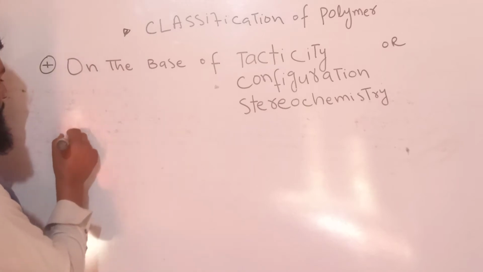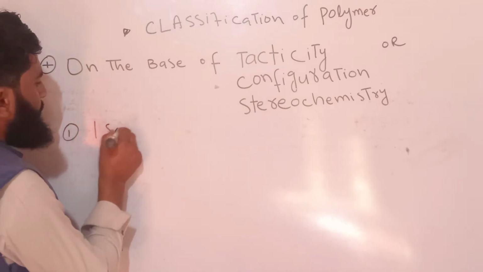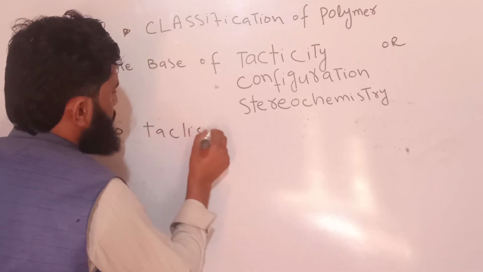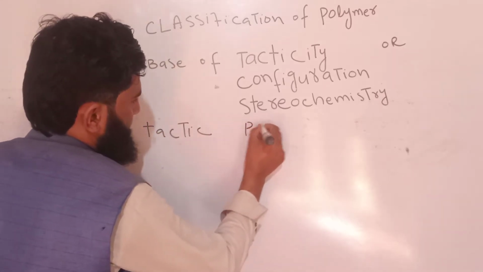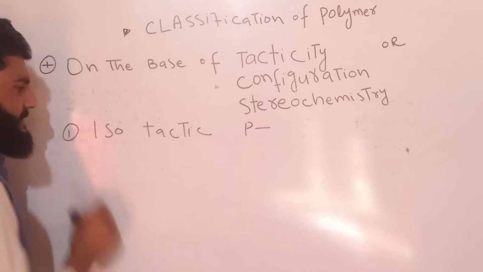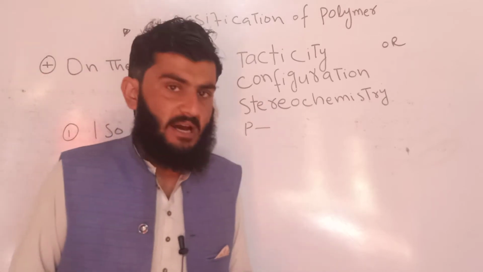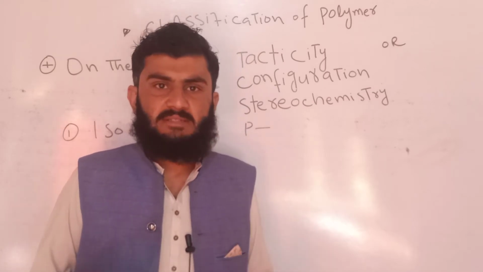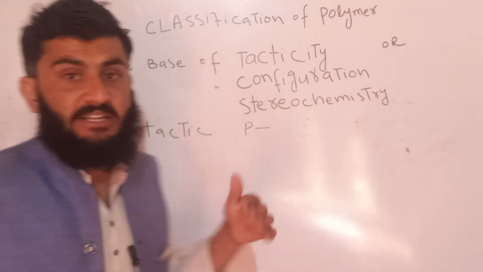Number one are isotactic polymers. So what are isotactic polymers? As the name indicates, iso means same, and tacticity.